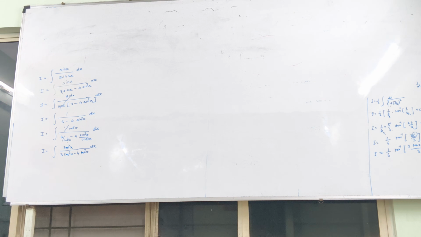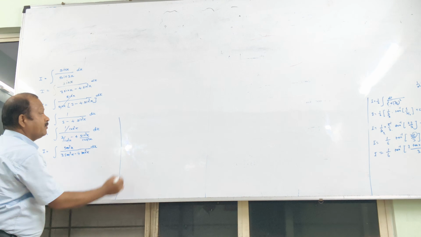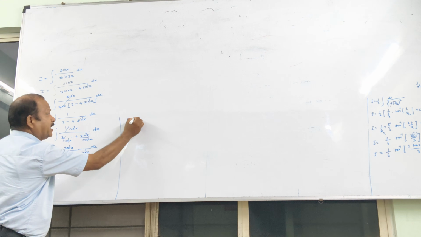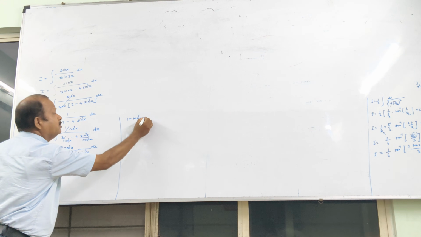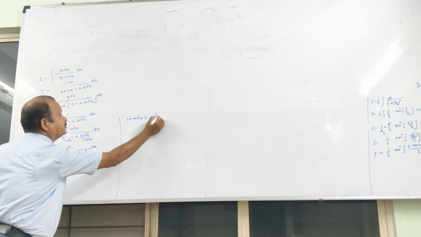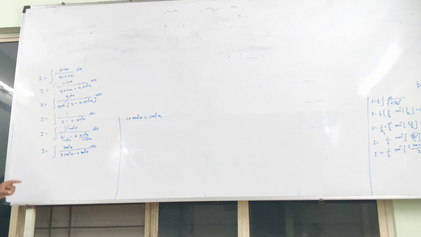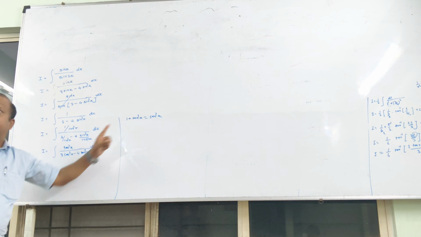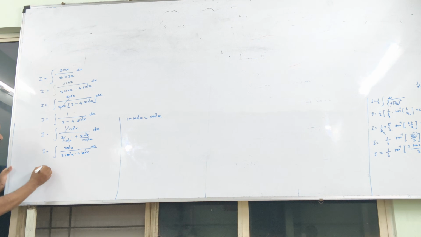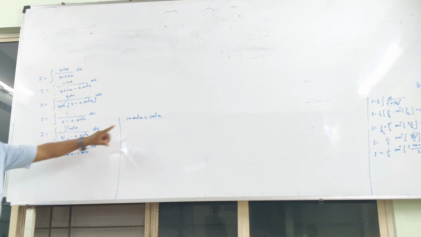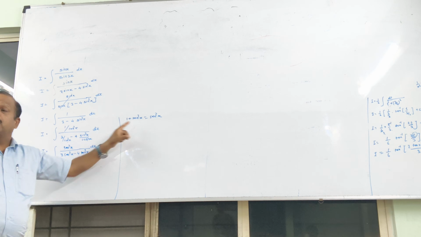We must convert the sec square into tan square. We know that 1 plus tan square x is equal to sec square x. So we can substitute the value of sec square x as 1 plus tan square x.